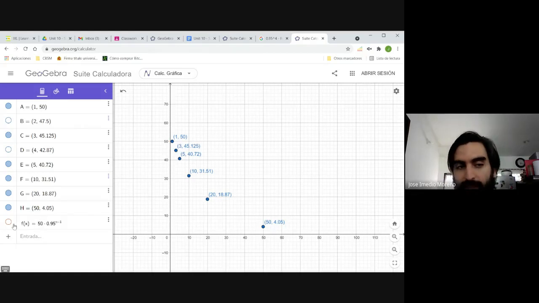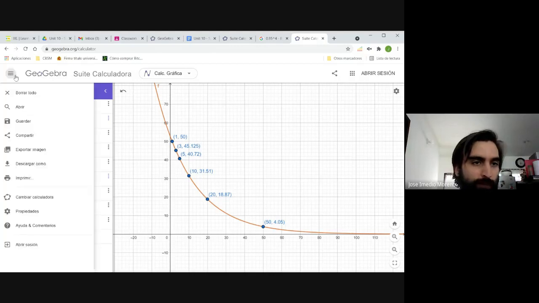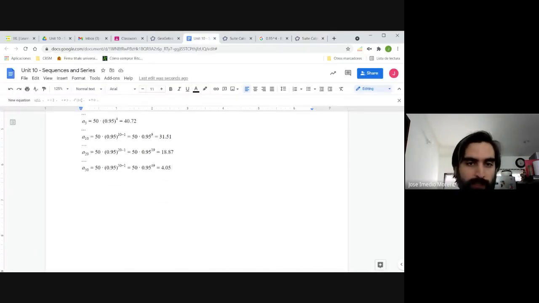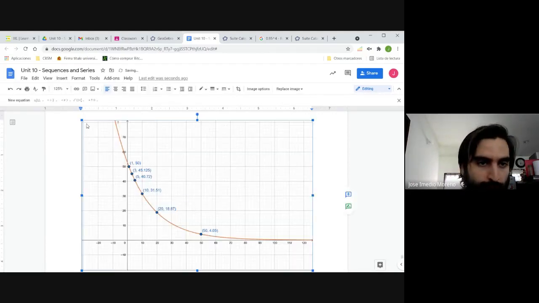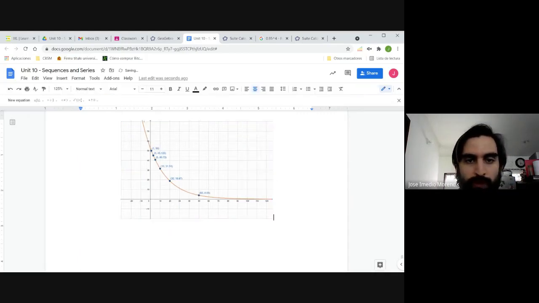And that pattern is describing an exponential decay. Instead of an exponential growth, an exponential decay. Okay, actually, I'm going to take this and I'm going to put it here. So you have this image in the document.